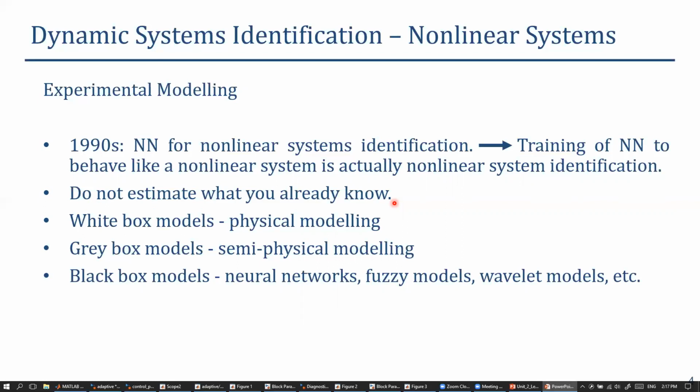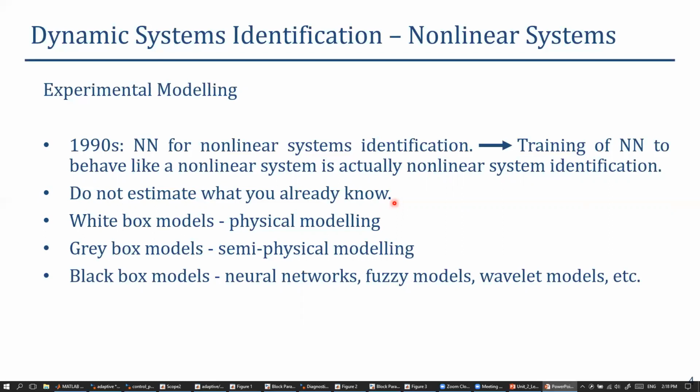A gray box model is a little bit of this and a little bit of that. So when we know something about the physics behind it, and what we don't know, we model with some sort of maps or something similar, or some parameters and stuff like that.